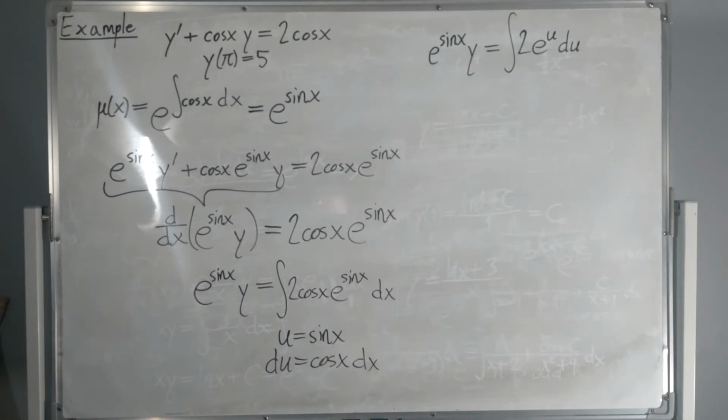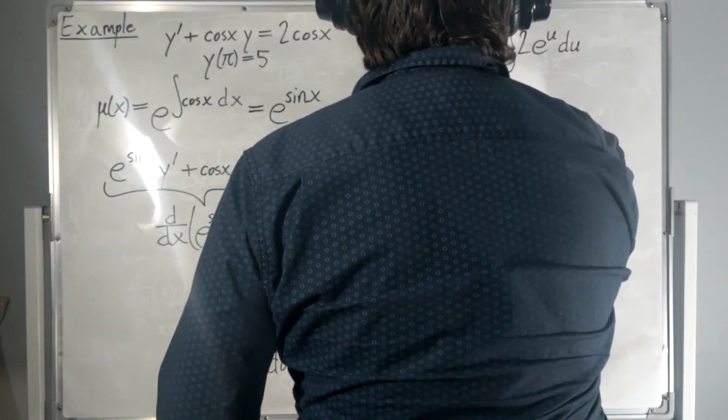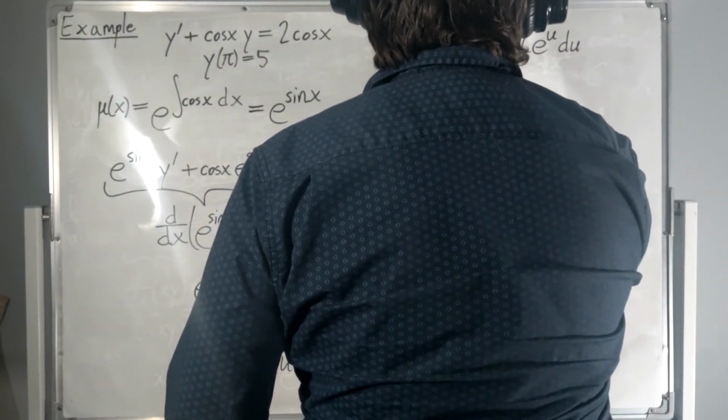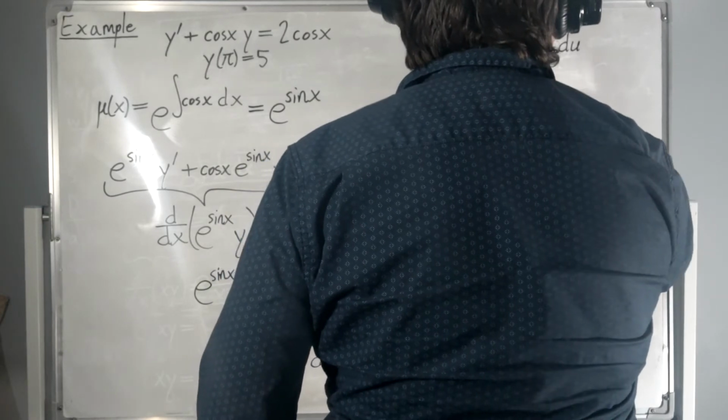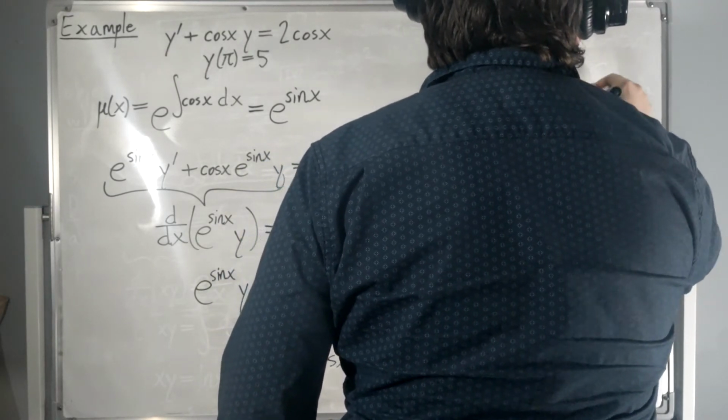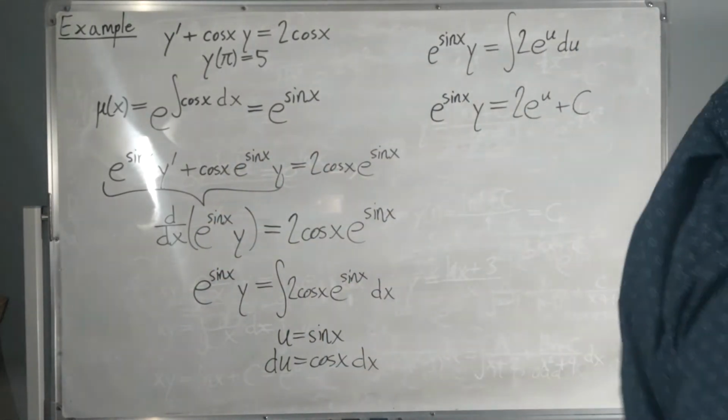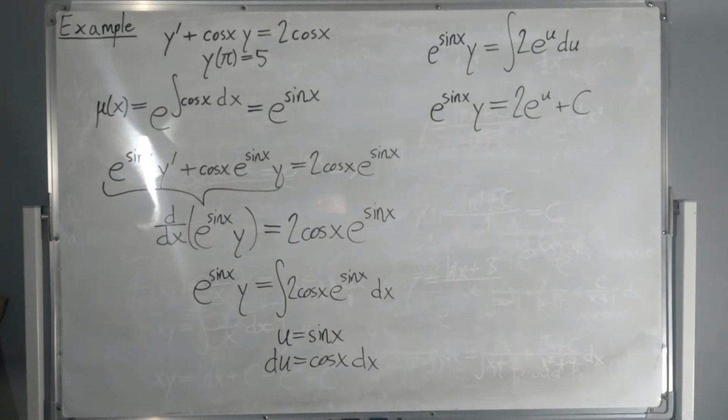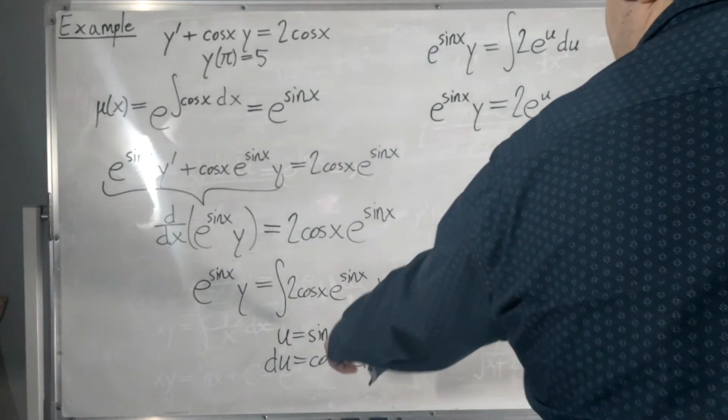Now an antiderivative of 2e to the u would be 2e to the u. So we have e to the sine x y equals 2e to the u plus c. u is a name for sine x.